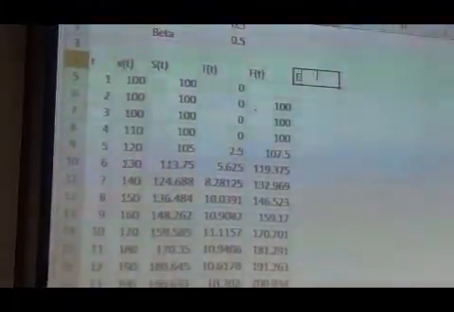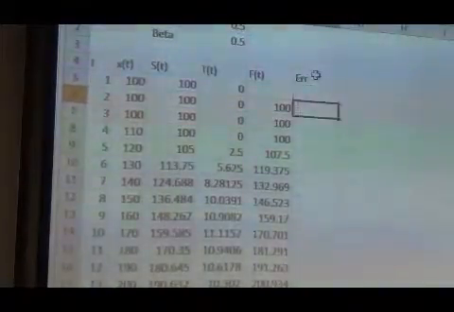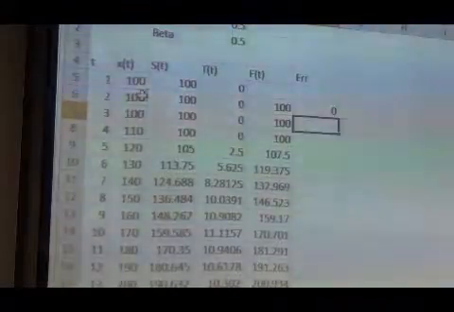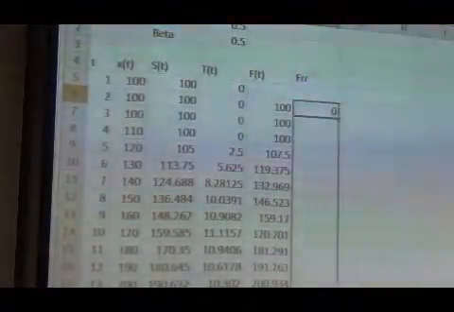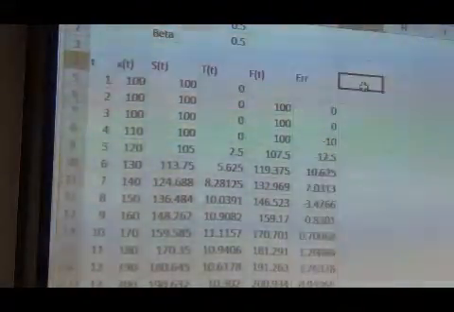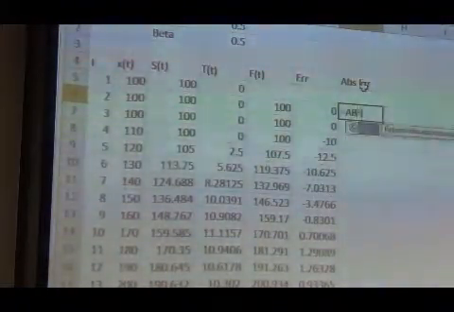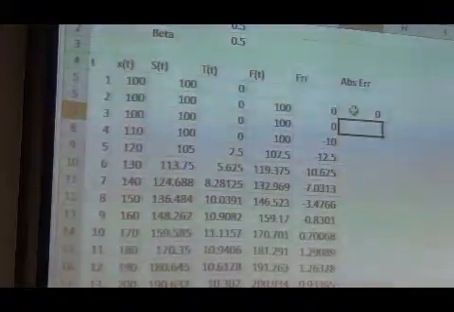Okay, so now we can compute error as the difference between our forecast and the actual value. We can compute absolute error, the absolute value of each error.